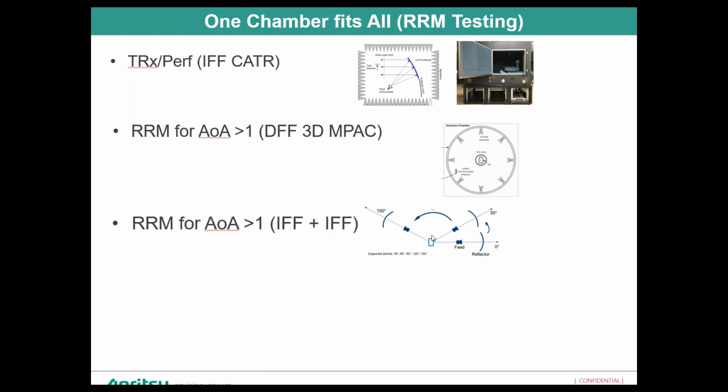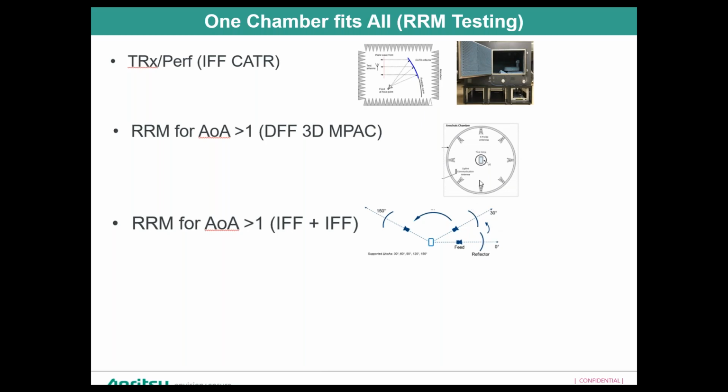So you have multiple CATR lenses and multiple CATR reflectors spaced out at different angles. Again, this is not as big a solution as what we have in MPAC, but it's going to be fairly expensive because you require multiple CATR reflectors.